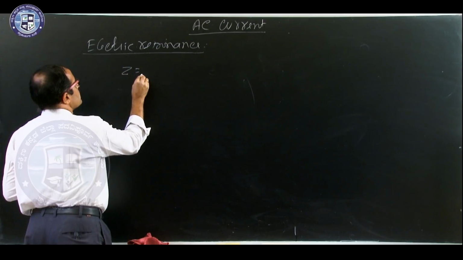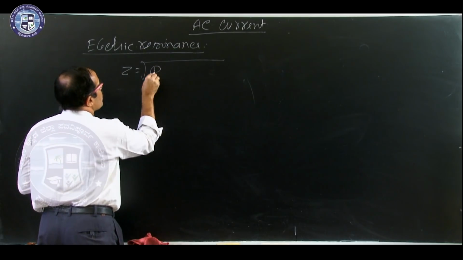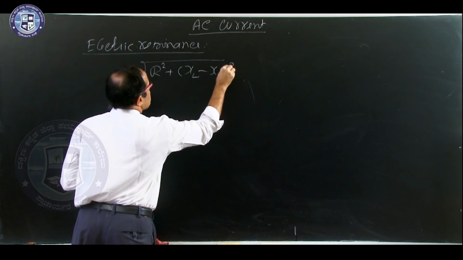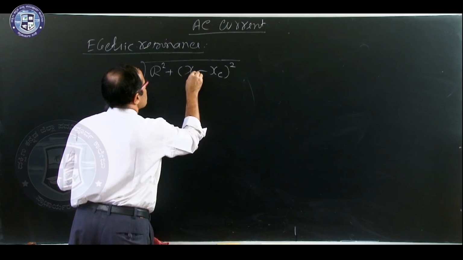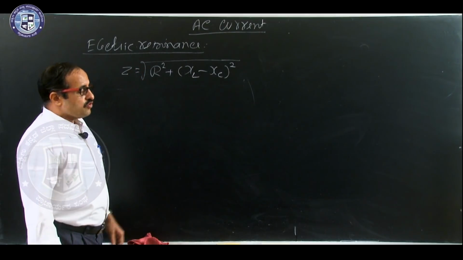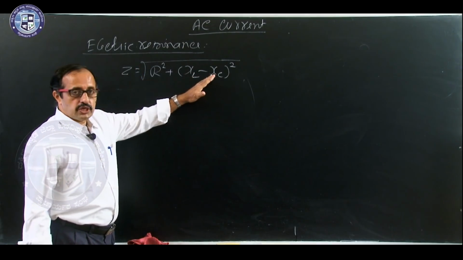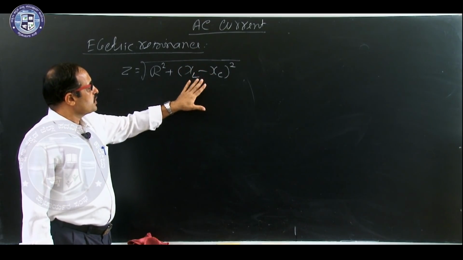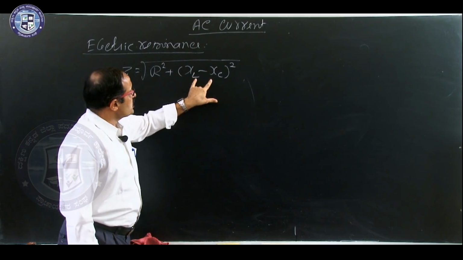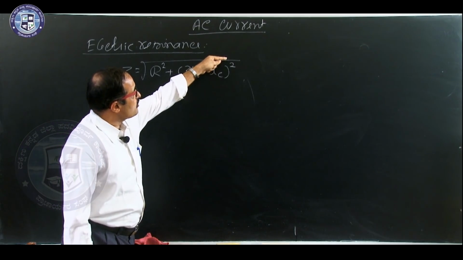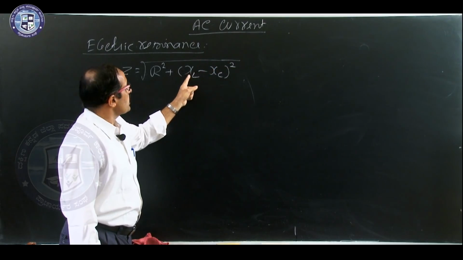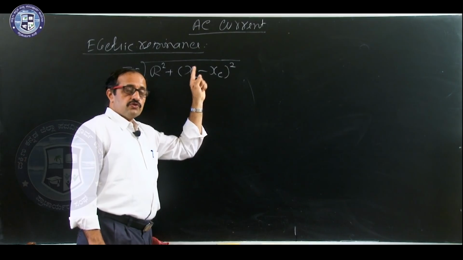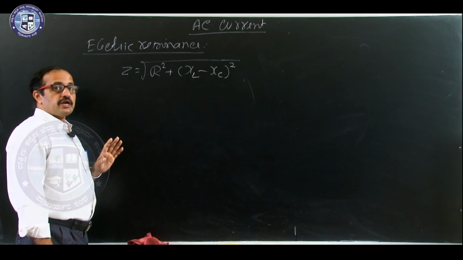Let us say Z is given by square root of R square plus XL minus XC whole square. Let us say it is the equation. Now, you may ask whether you have to take XL minus XC. No, you can take XC minus XL, no problem, because this is the difference between the two values, and the square is always positive. Therefore, whether you write XL minus XC or XC minus XL, you get the same answer and no mark will be deducted.